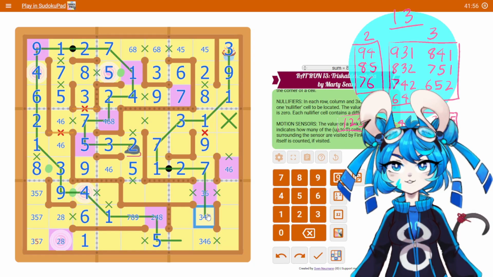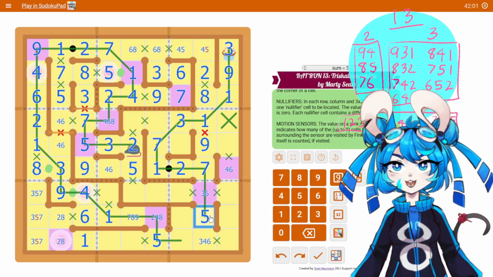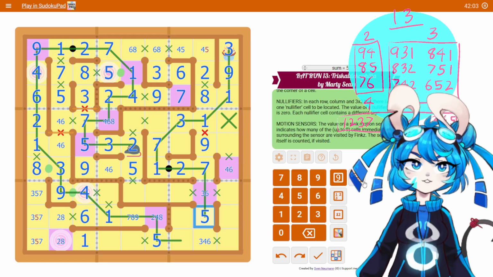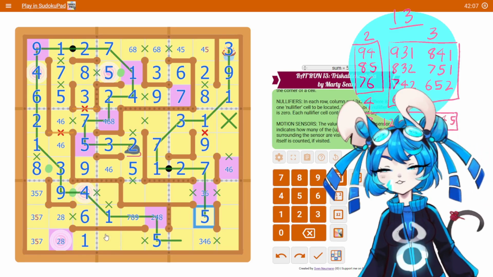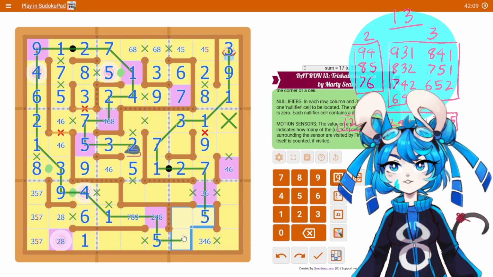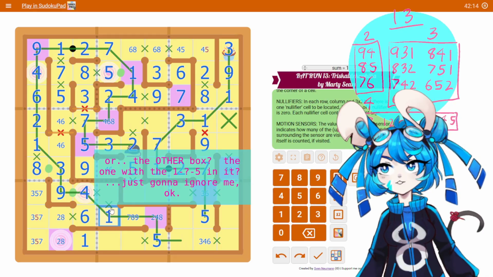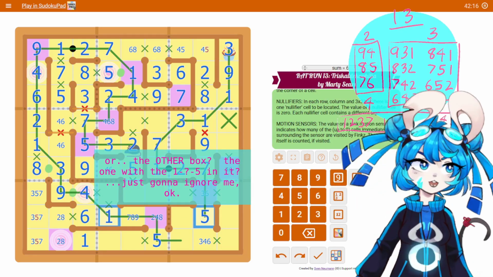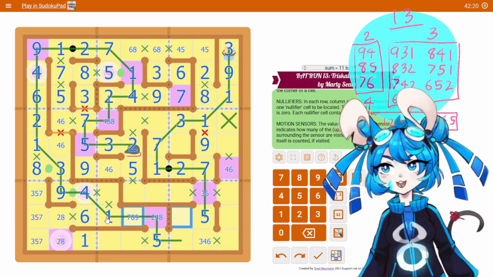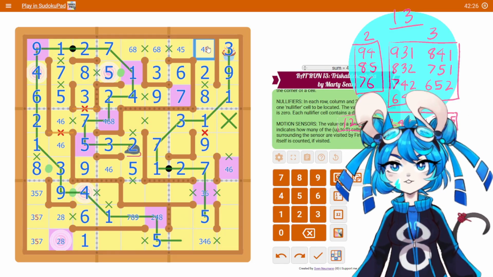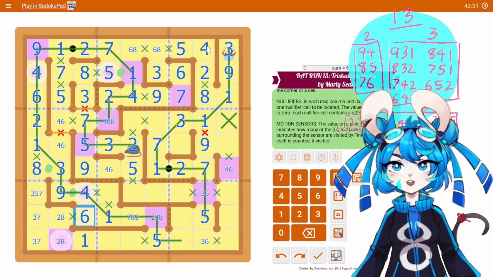Well, either way, that puts a 5 here. 715. And then for the box, or maybe the row. 1-5. I don't think there's 1-5-3-4. This would have to be 3-4. 4-5. 4-5.